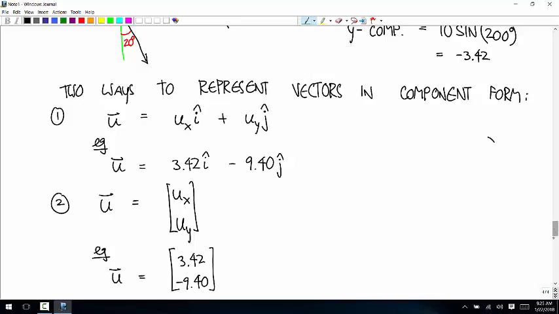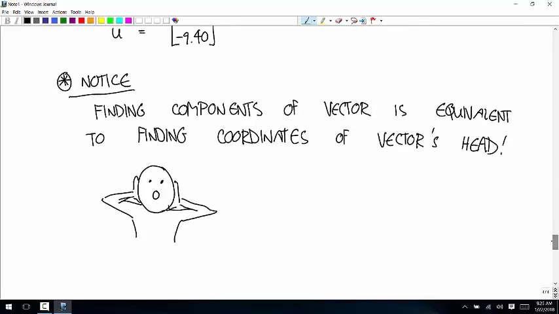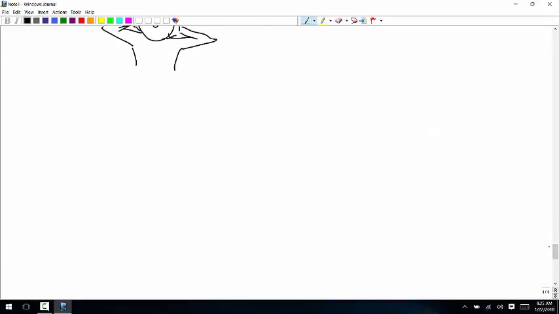Okay, so now we're going to do these two operations again with components.